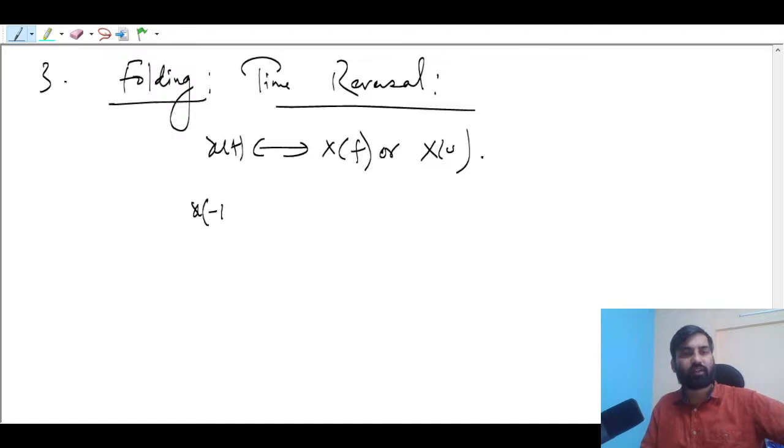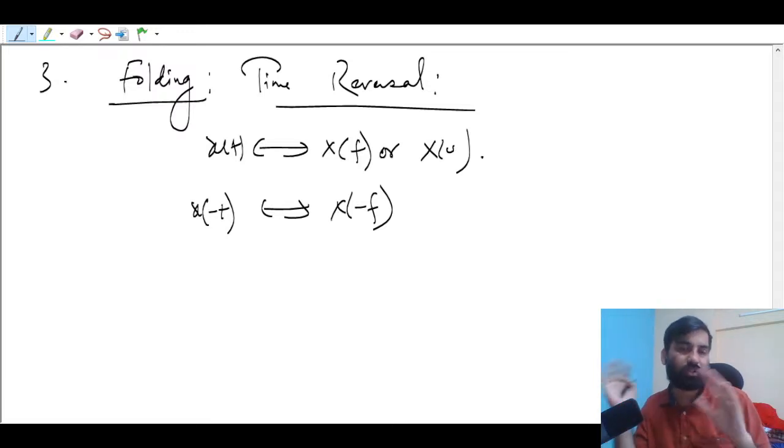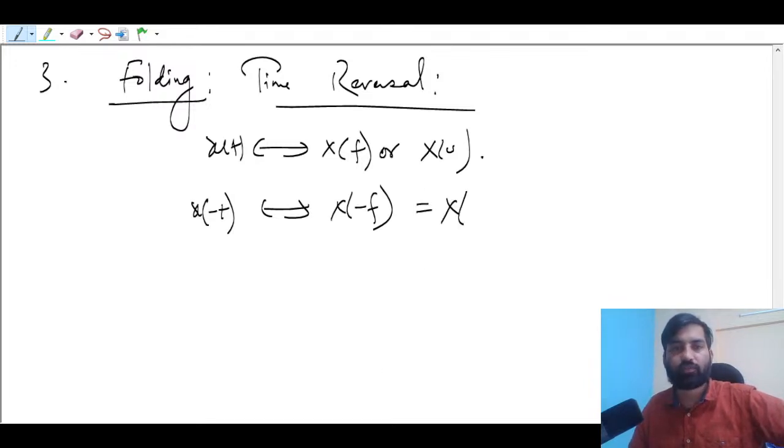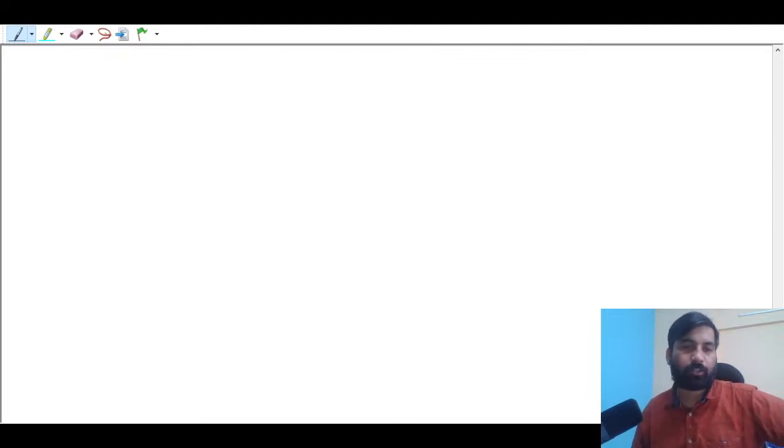So x of minus t has the Fourier transform x of minus f only, right? Suppose there is a minus t, so in the frequency domain, in the spectrum, you can replace f by minus f. Also you can write this as x of minus omega. I hope this makes sense. We'll prove one by one. And there is a time shift property, right? Time shift.